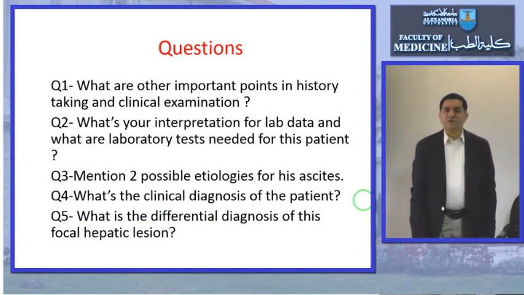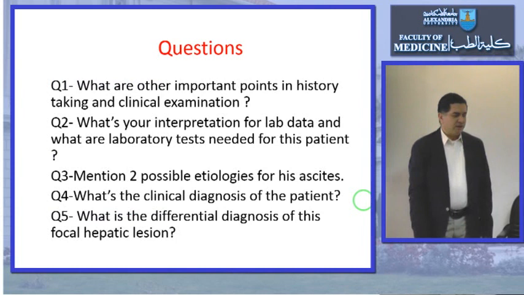Here we have some questions about this patient. Question number 1. What are other important points in history taking and clinical examination that you have to search for and focus on? Question number 2. What's your interpretation for the existent laboratory data and what are other laboratory tests needed for this patient?